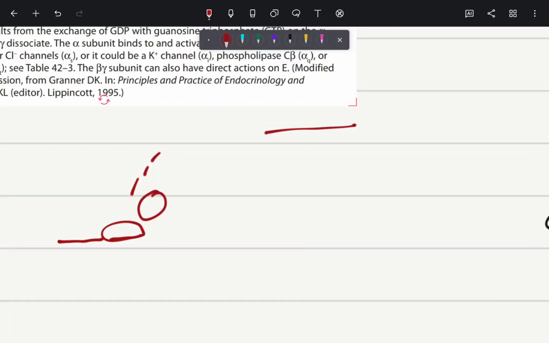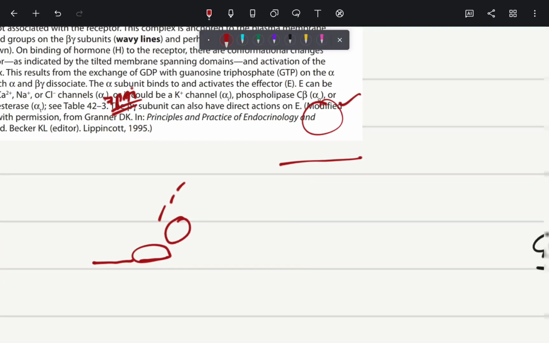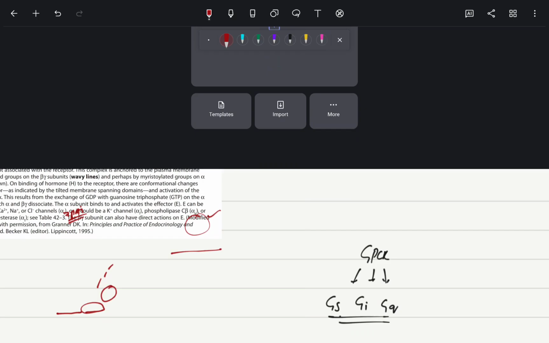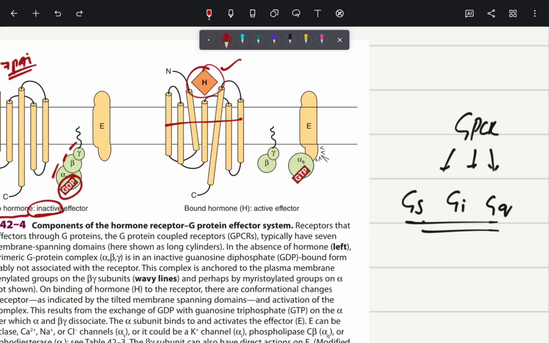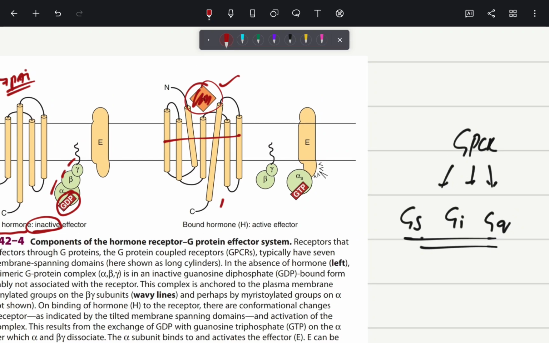So as you can see here, the hormone is going and getting attached to the receptor, and this will lead to receptor activation. And when there is receptor activation, the alpha subunit, which is having GDP, will get converted into GTP.